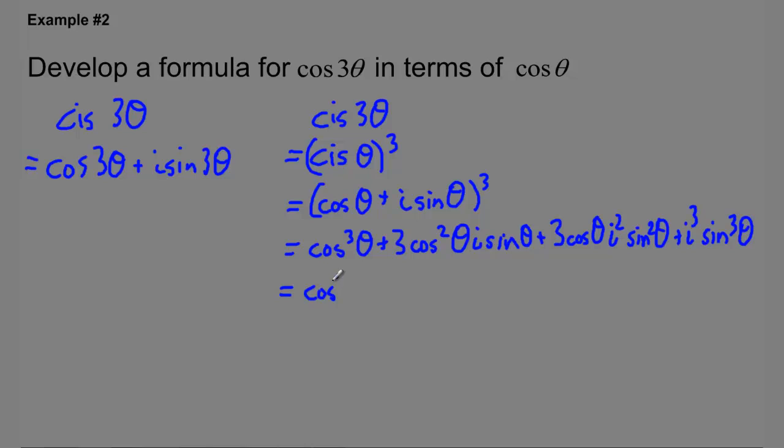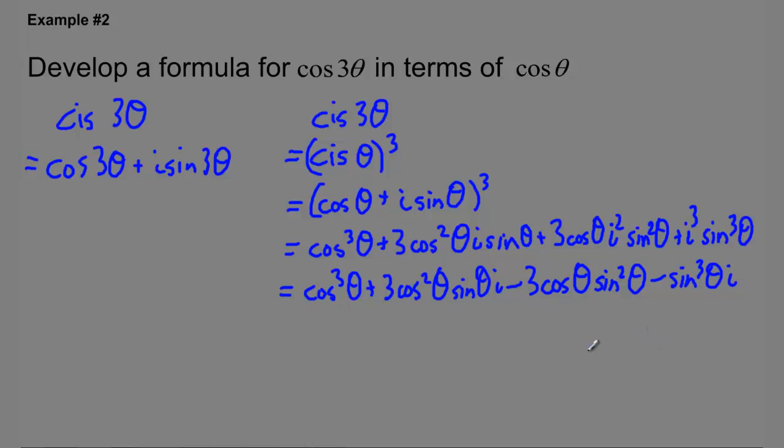Simplify it a bit, we would get a cosine cubed theta plus 3 cosine squared theta sine theta, and that would be with an i. This term here, the i squared, would be going to negative 1, so that would actually be a minus 3 cosine theta sine squared theta. And then finally i cubed, which would be i squared times i, or a negative i, so that would be a negative sine cubed theta i.